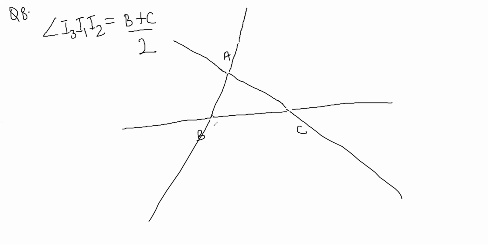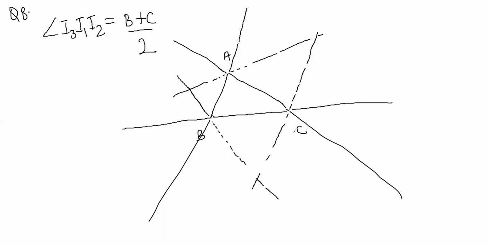So these are the bisectors, and this bisector, and this bisector, right? This is my I1, this is my I2, this is my I3. You have to prove this angle I3, I1, I2.